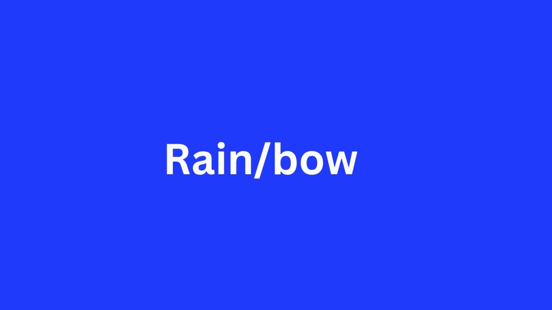So the word becomes rain-bow. And in football, we have foot and ball. So we divide it as foot-ball. Notice that each part is already a complete English word by itself. That is one of the easiest ways to recognize a compound word.